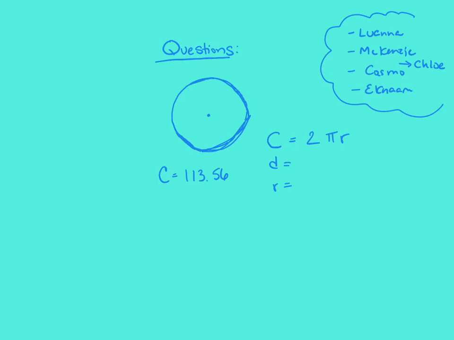All right, so if the circumference is 113.56, and you're trying to solve for the radius, all you really have to do is think of it this way. You already have the answer, but you know that 2 pi r equals the circumference, and in this case the circumference is 113.56, right? So you multiply 2 times 3.14 times the radius to get 113.56.